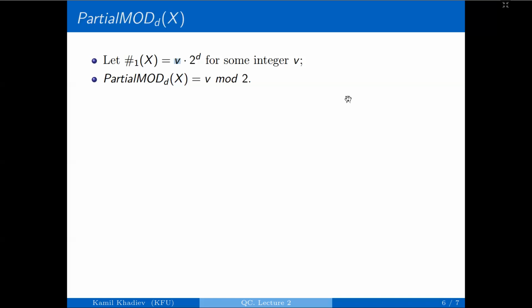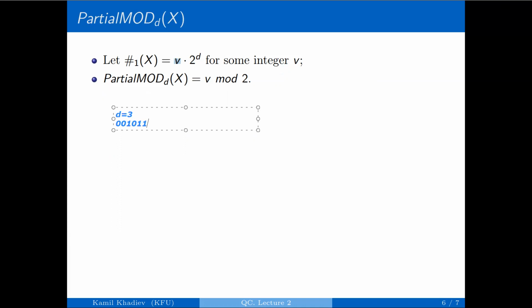So if I take the d plus 1 position, I will have the first position, the least significant bit of v, and that least significant bit is 0 if v is even, and 1 if v is odd. Okay, let's look at some example.